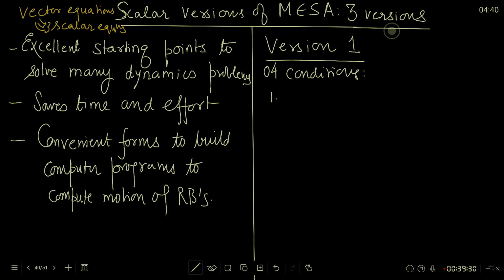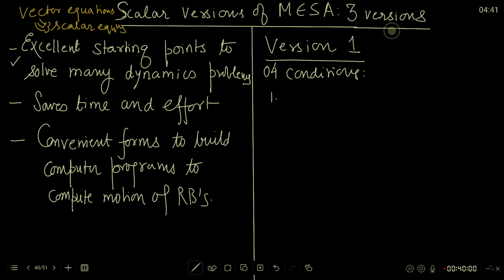No, I want to derive these scalar versions for some reasons. First, those scalar equations will be excellent starting points to solve many dynamics problems because it will save time and effort. Every time I try to solve a problem, I do not want to start from the vector form of the equation and then convert to scalar form and then solve those three scalar equations.